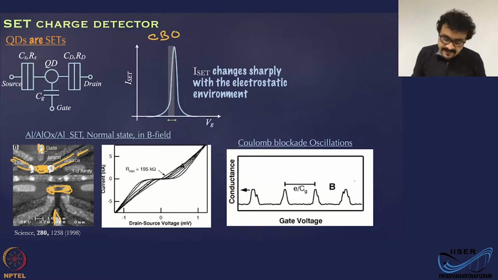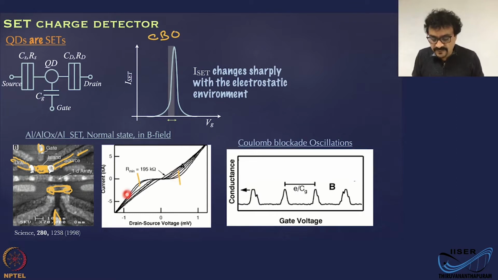And the current voltage characteristics will show a blockade which you can lift by applying a gate voltage. These different traces shown here are for different gate voltages.